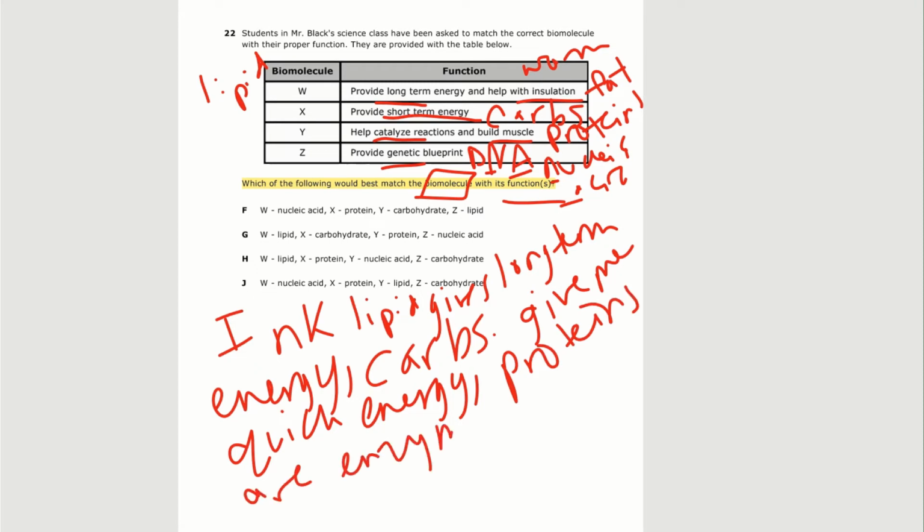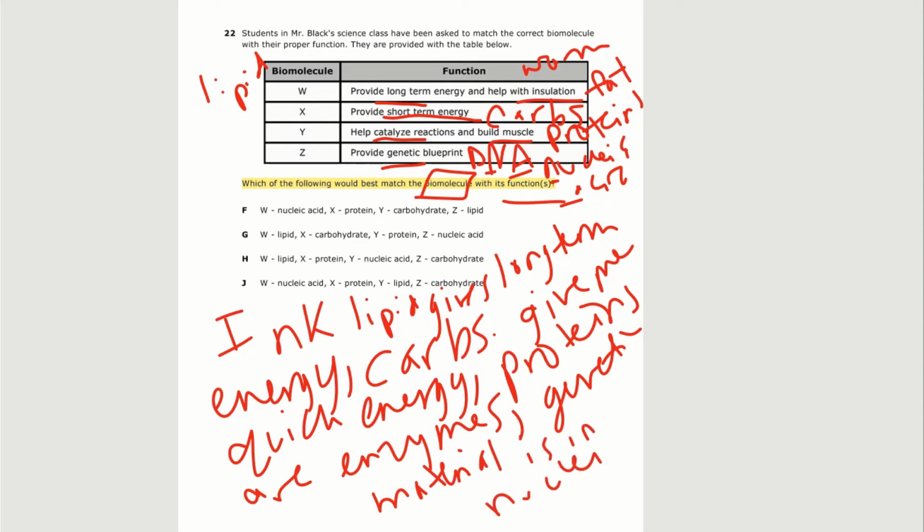They help you quicken that chemical chain, a reaction that's happening in all of your body right now. From you breaking down food and all that stuff. Okay, and genetic material or blueprints is a nucleic acid, right? The DNA. Okay.